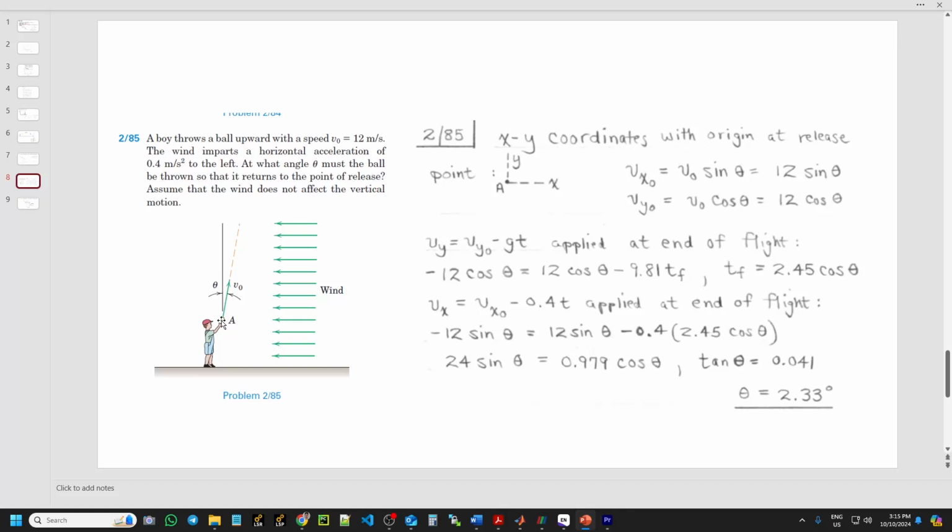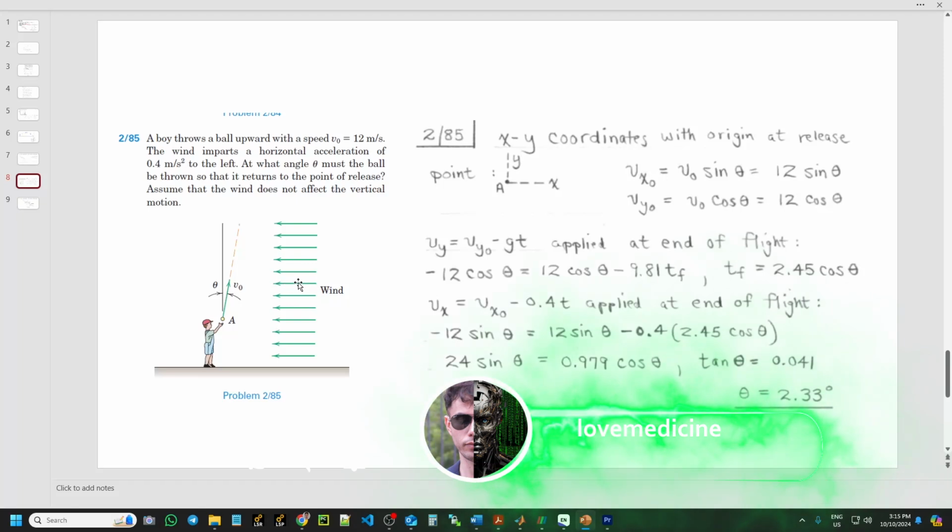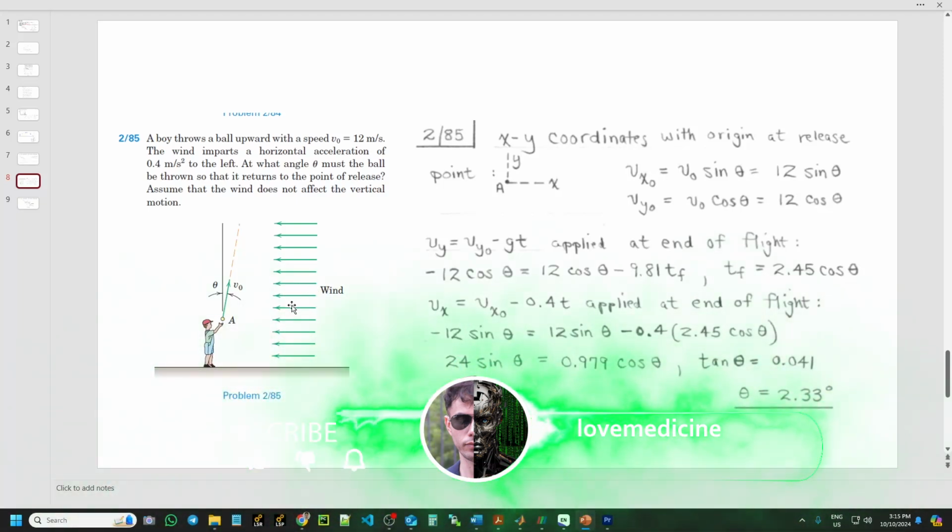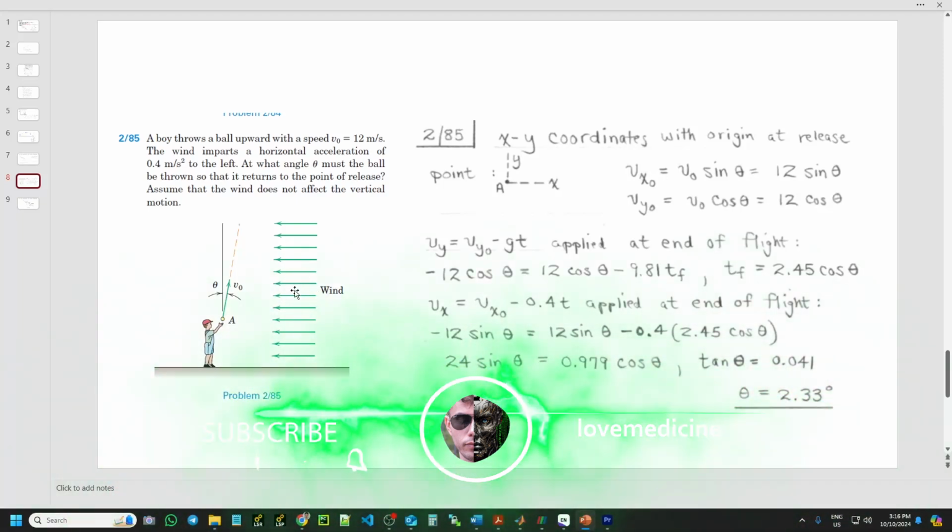Based on the symmetry, we have the same distance from the peak point in the y direction. So vy at the final point will be minus vy0. And the same thing for vx0, because we have an ax here. The acceleration in the x direction is not equal to 0.